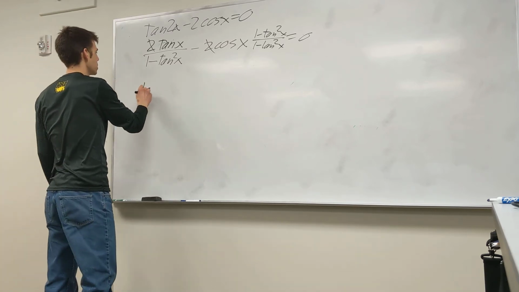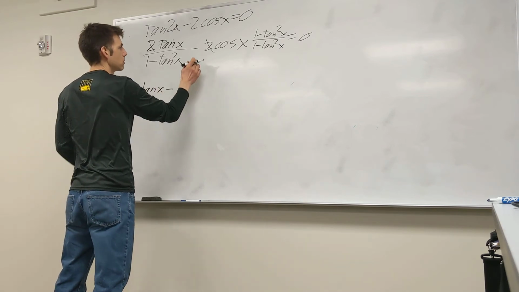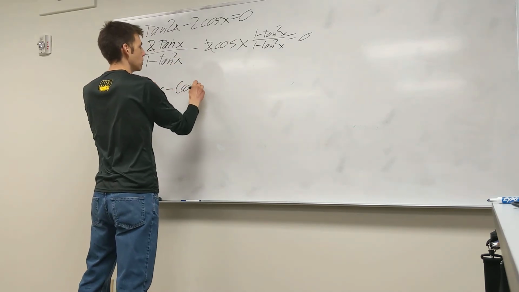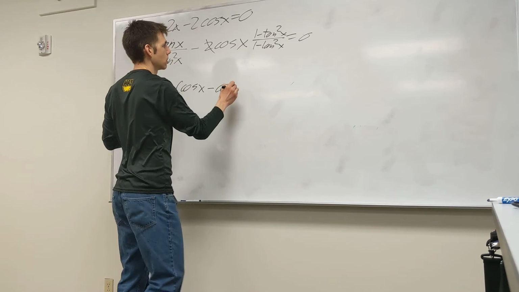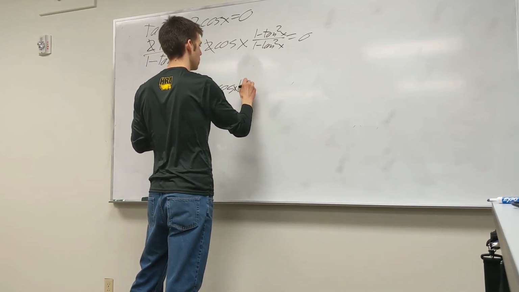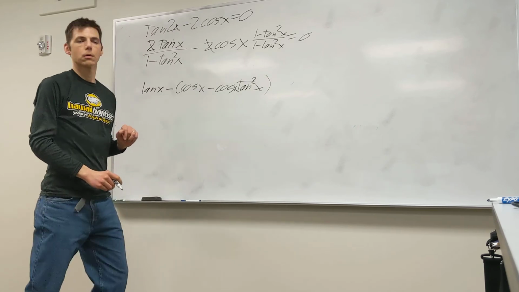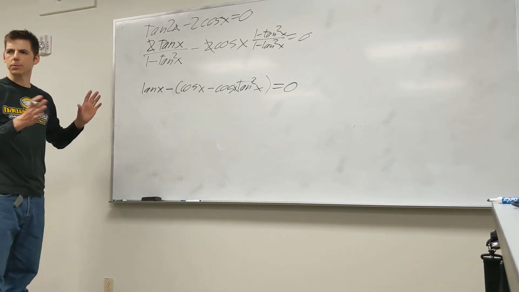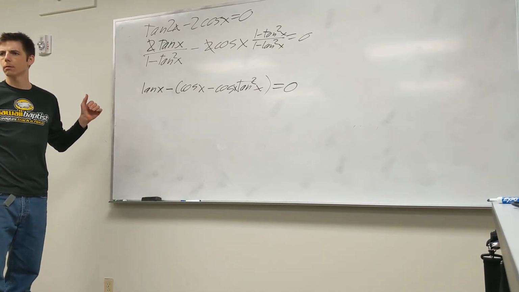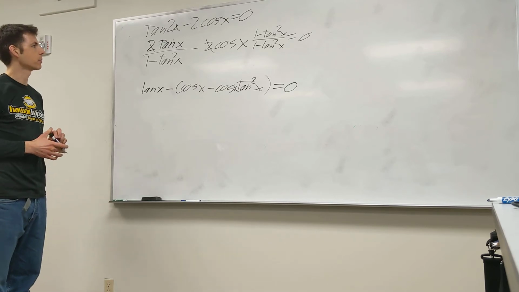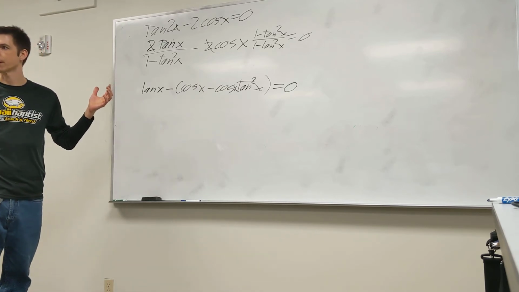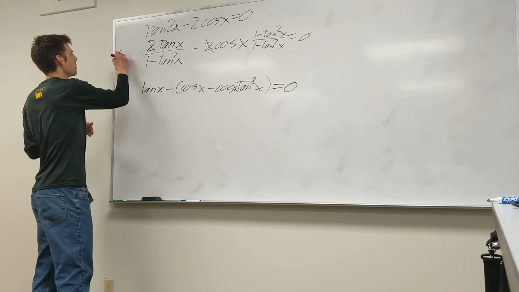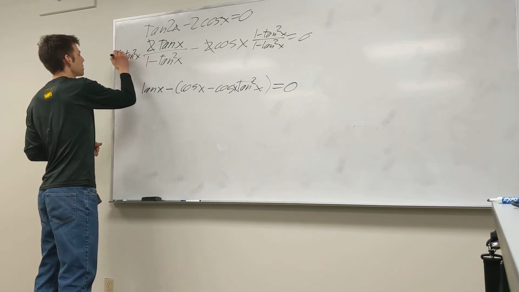So then I'm just left with tangent x minus cosine x, 2x. And because my denominator doesn't matter, I just multiply both sides by my common denominator, which actually I could have done in the first place: multiplied everything by 1 minus tangent squared x to get rid of my denominator altogether.